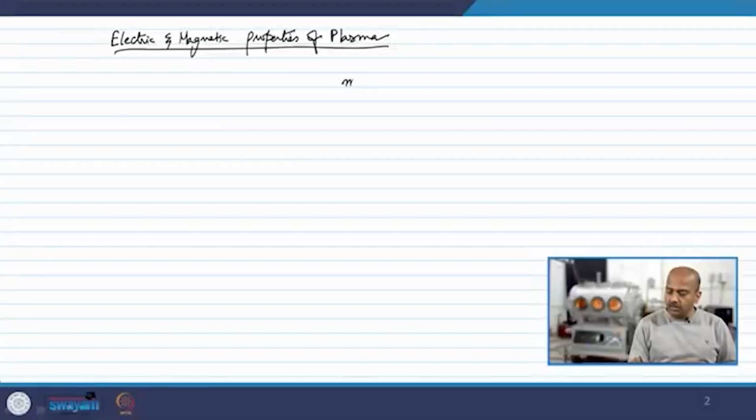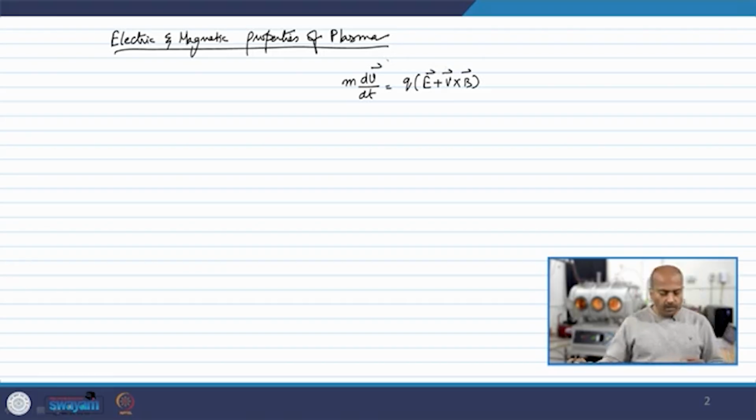So, the equation of motion of a plasma particle of charge q and mass m in self-consistent electric and magnetic fields can be written as m dV/dt = q(E + V × B).